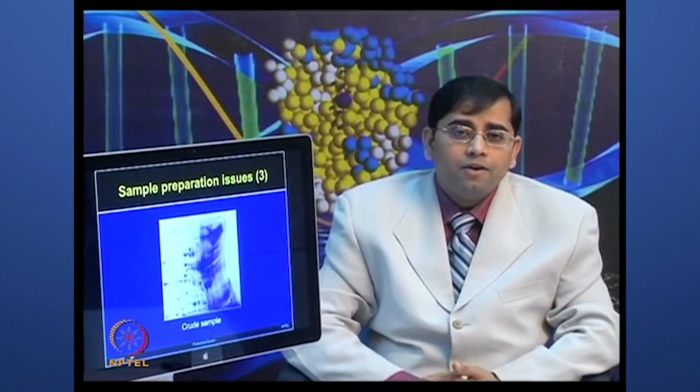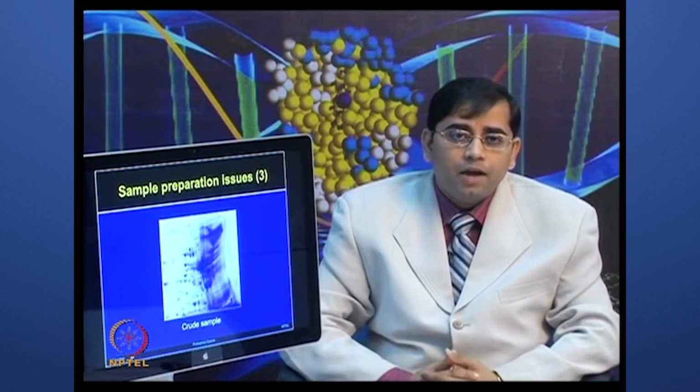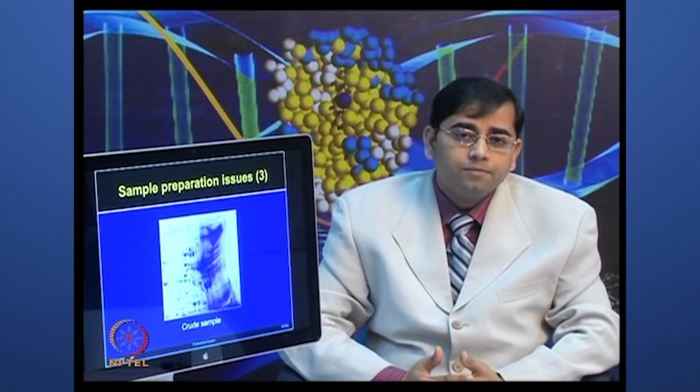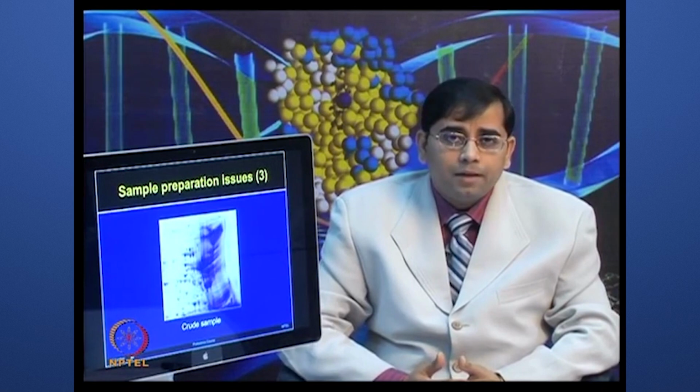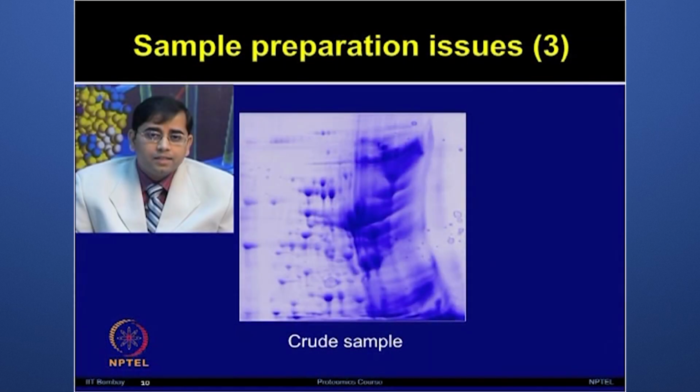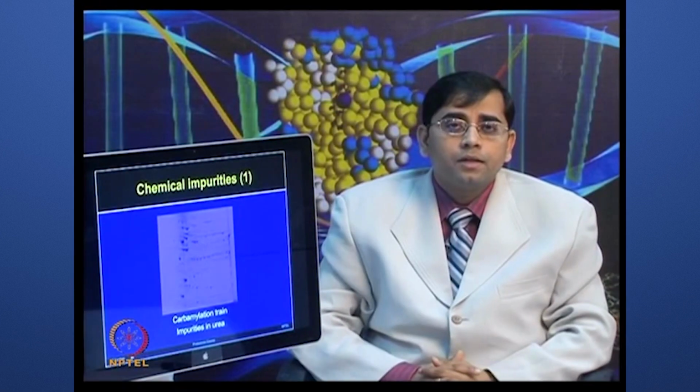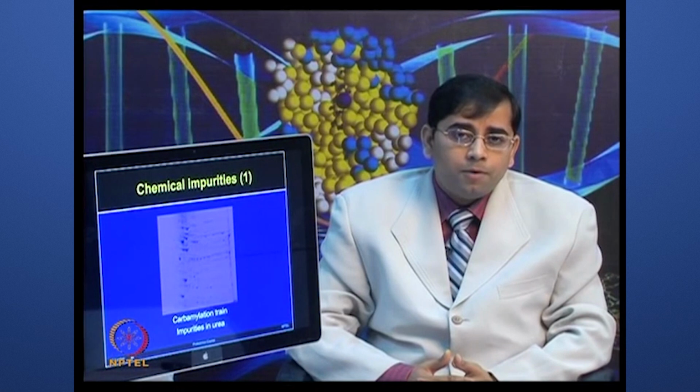Now, if you have samples with abundant proteins, such as crude serum sample, these samples will show different interference in the focusing step because of large amounts of salt and other interfering components present, and then you can see these types of bad gels because of either the salt or different types of abundant proteins present in the mixture. Now, the sample variation is one problem.